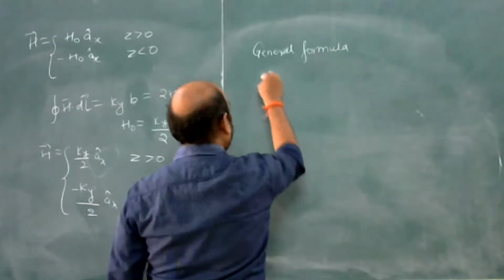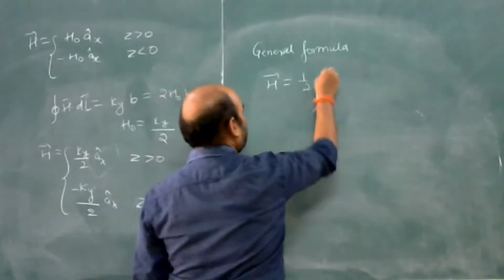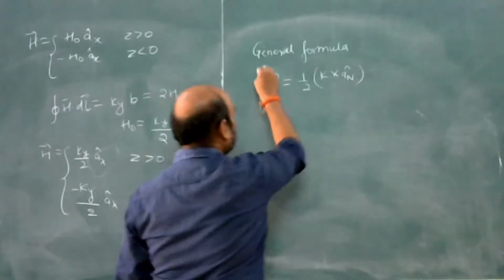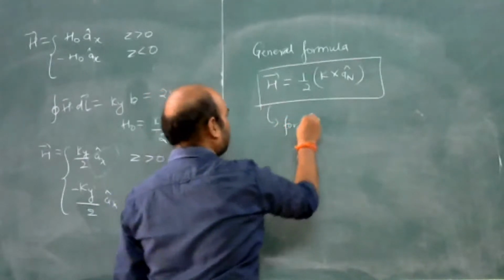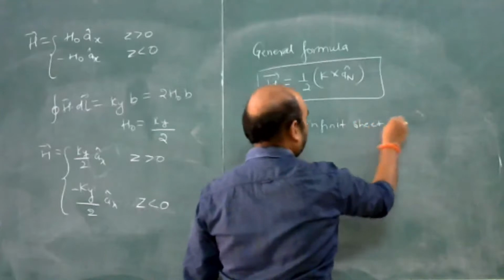So vector H will be equal to half K cross an. This is the general formula of H for an infinite sheet of current.